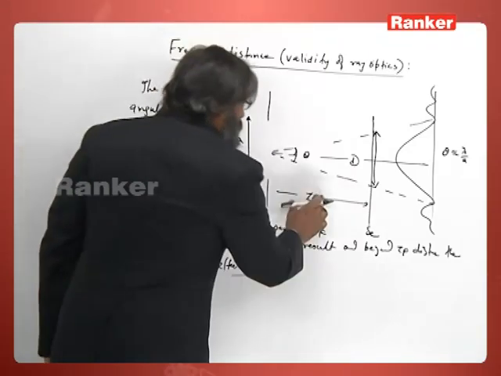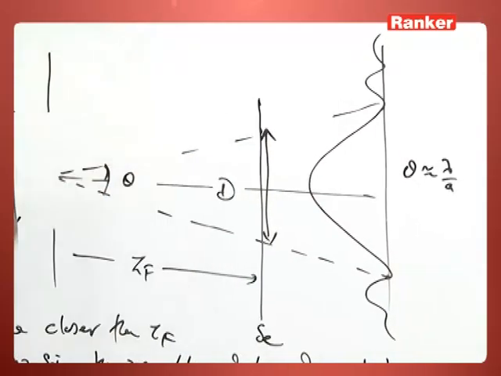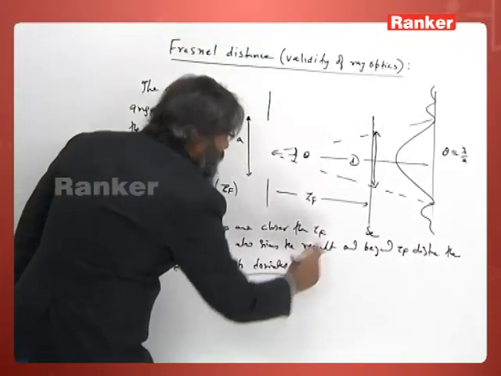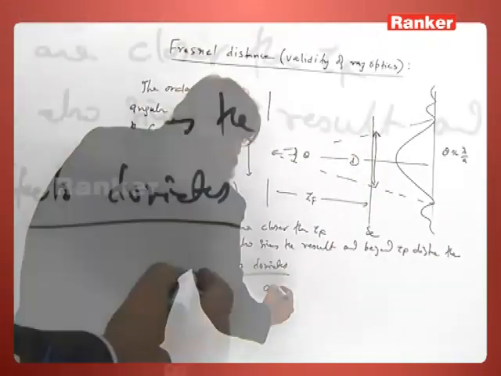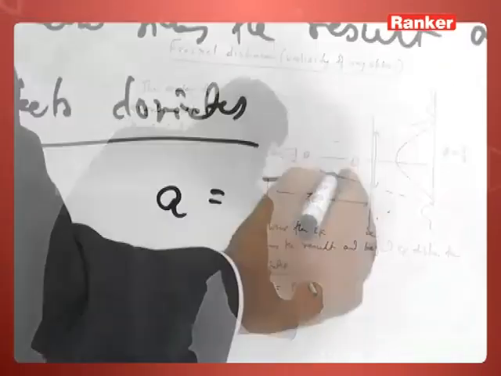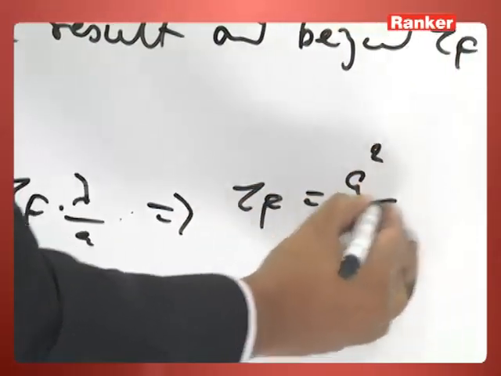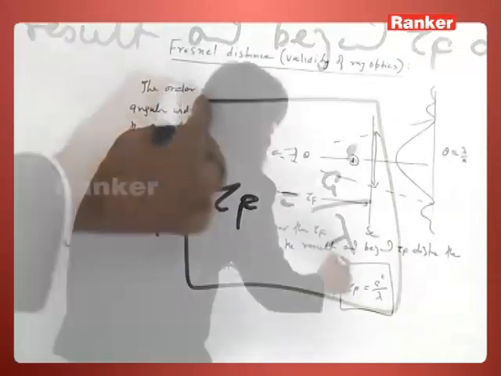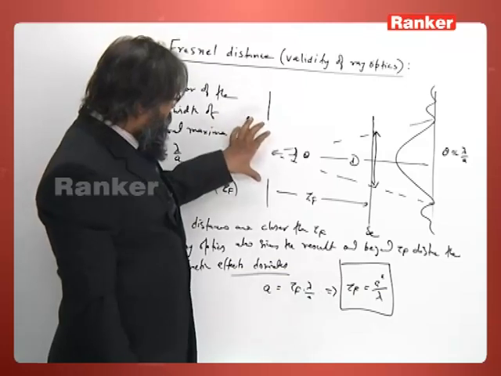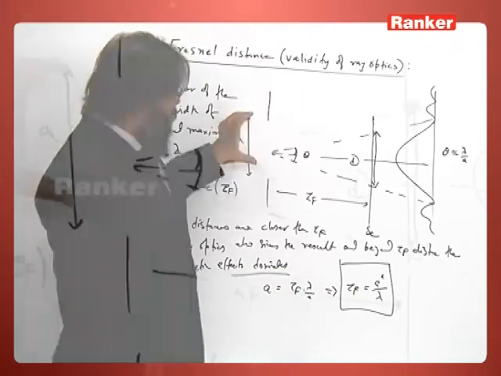Now what is that ZF? This width must become equal to this A. So this width A will be equal to ZF times this angle, that is lambda by A. That is, ZF is equal to A square by lambda, where A is the diameter if it is a circular opening, and the width if it is a rectangular opening.